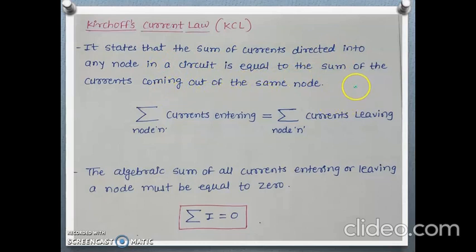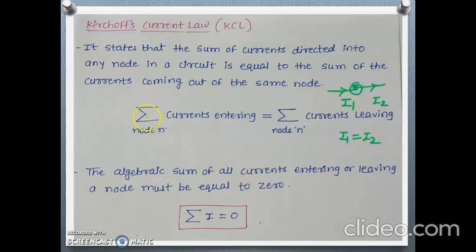That means, suppose this is a node, current coming in is I1, and current leaving is I2. Then always I1 will be equal to I2.